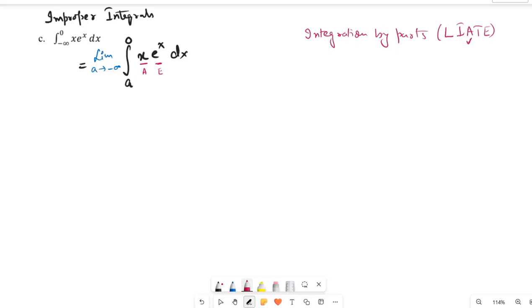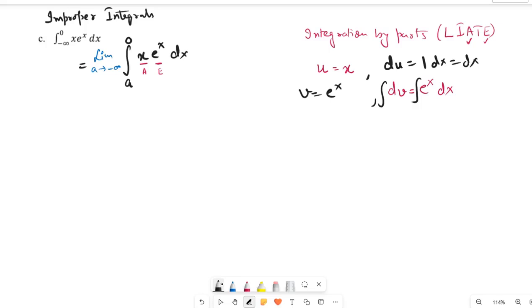The algebraic function comes first in the mnemonic. That means the first function u is named as x, and the remaining function attached with dx is named as dv. We are going to differentiate u. du will be 1 dx, basically just dx. And we are going to integrate dv, so v would be e^x.